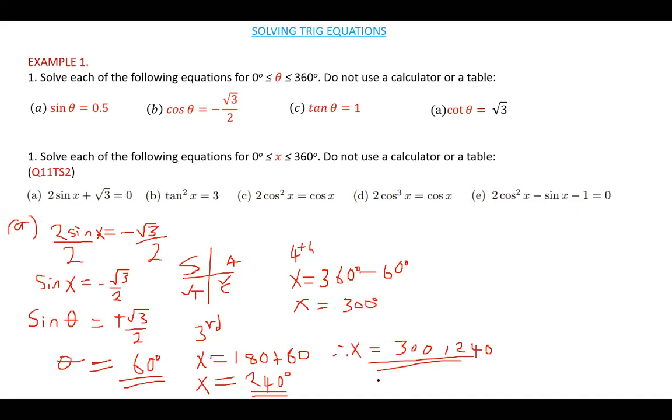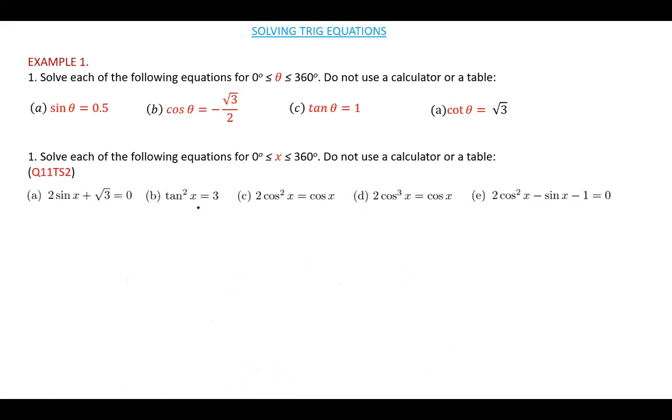So these are your final answers, 300 and 240 degrees. You move on to the next one here. So tan squared theta is equal to 3.